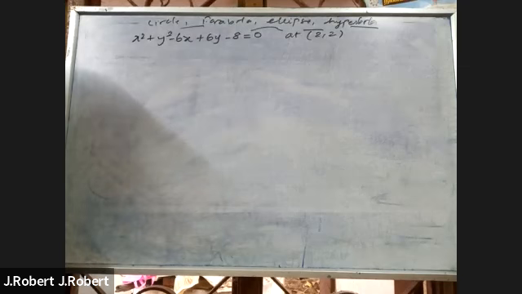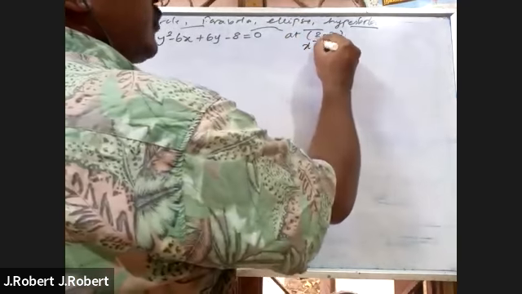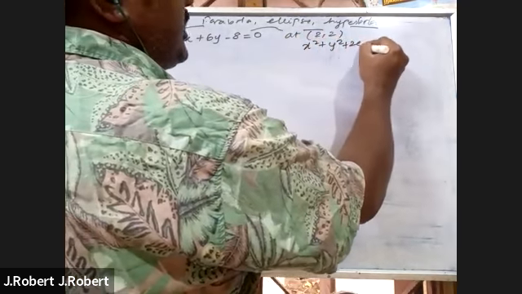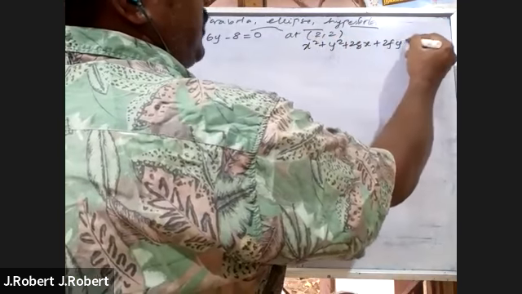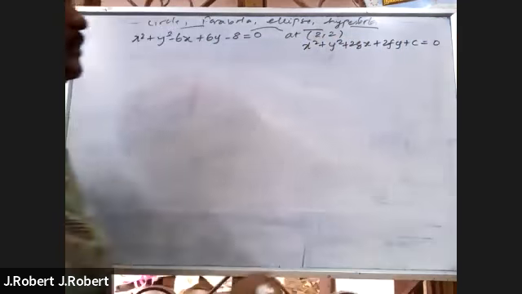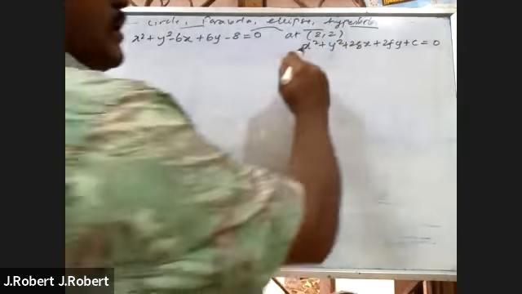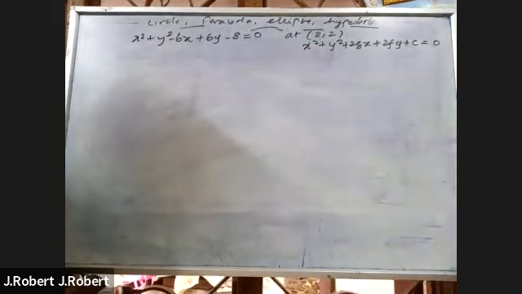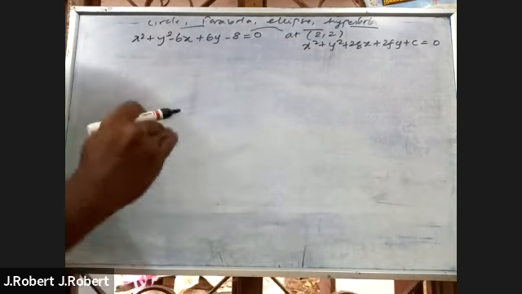Now look, this is of the form x square plus y square plus 2gx plus 2fy plus c equal to 0. So this is the standard equation of the circle. Otherwise we can call this the general equation of the circle. Any circle should be in the form of this one.